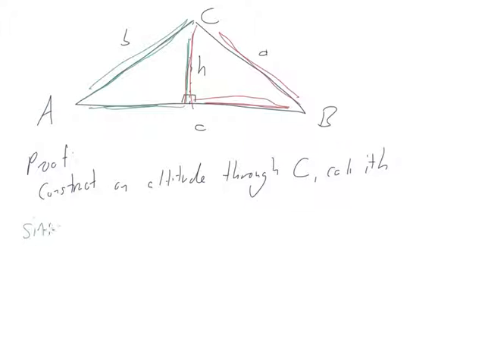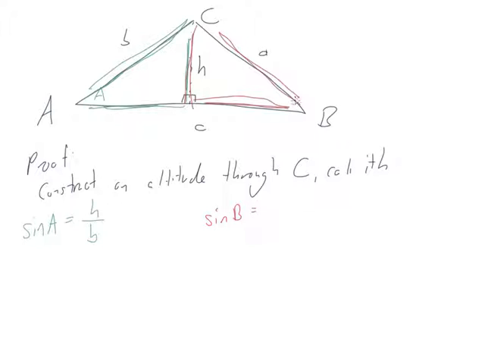Sine A is this angle here. Sine is opposite on hypotenuse, and because it's right angled, you can use right angled trig. So sine A is opposite on hypotenuse, H on B. In my other triangle, I'm going to do sine B.